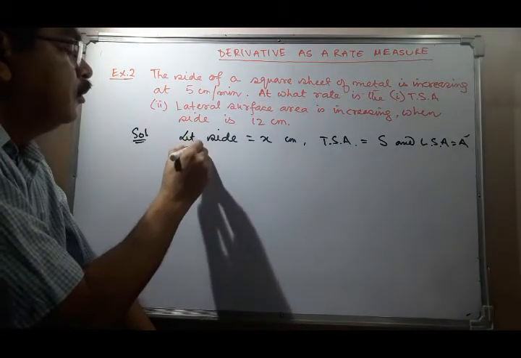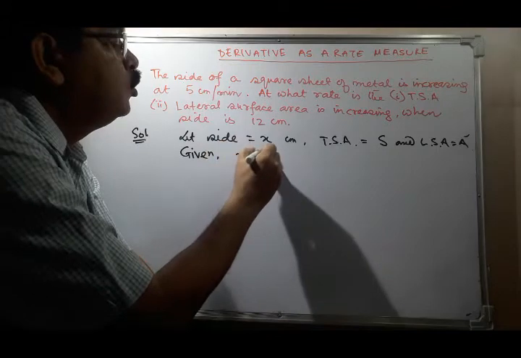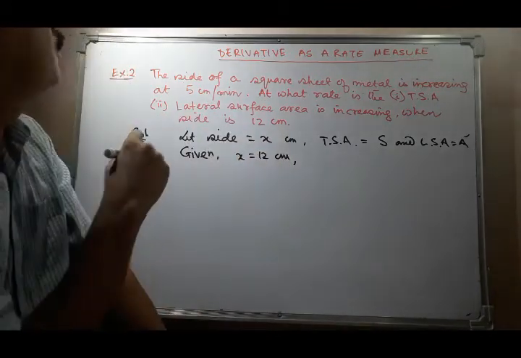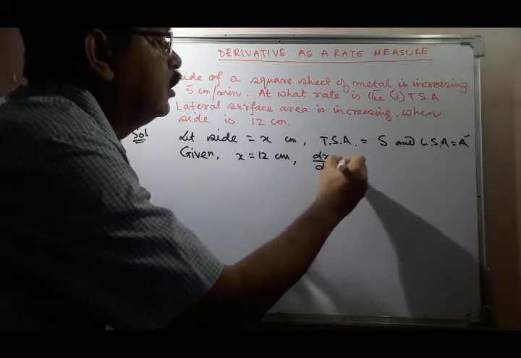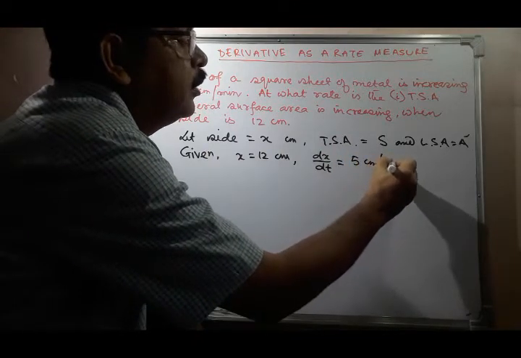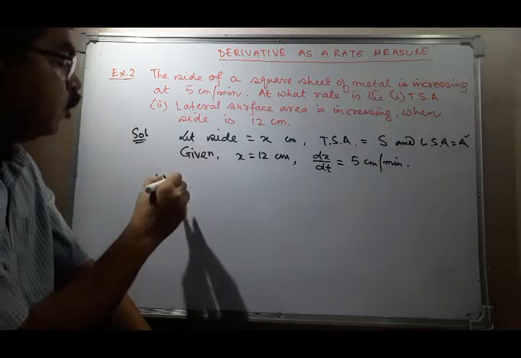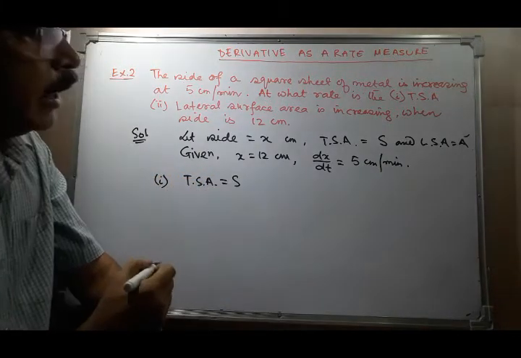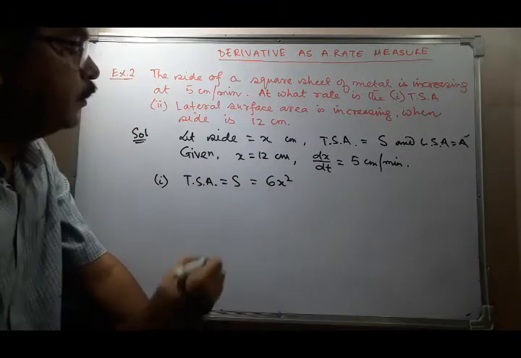What is given? That x equal to 12 centimeter, and further it is given dx by dt equal to 5 centimeter per minute. We are going to part 1, total surface area, that we have denoted by S, that is equal to 6x square.